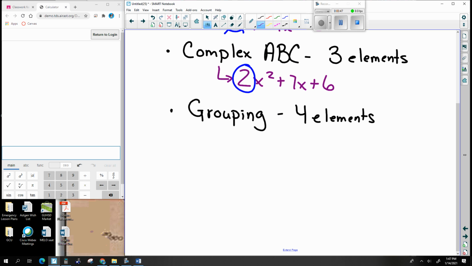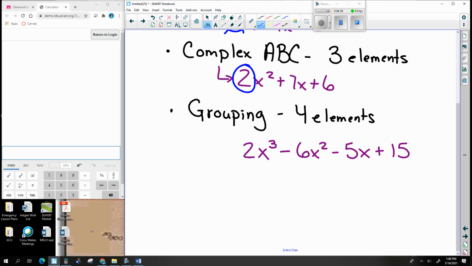Let me create one off the top of my head: 2x to the 3rd minus 6x squared minus 5x plus 15. 1 and 3, 1 and negative 3 more specifically.